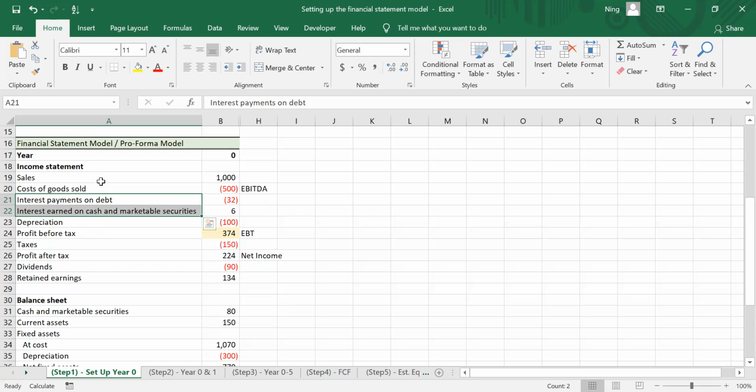So let's take a look at what's included in the income statement. It goes from sales and then to COGS. The COGS is a lump sum that includes all the operating expenses. So if you include sales and cost of goods sold, COGS, then you have EBITDA or the gross profit.